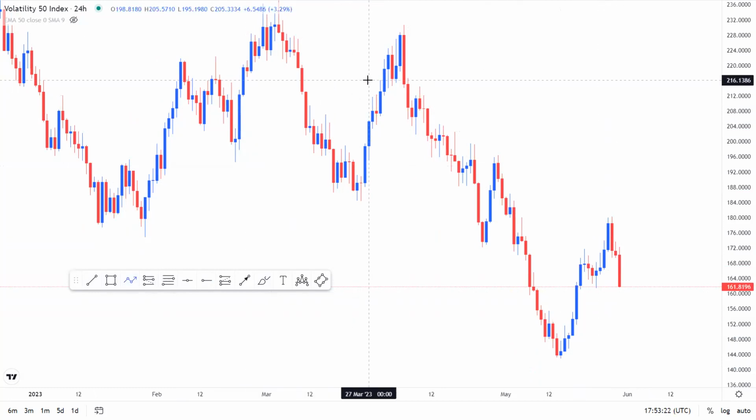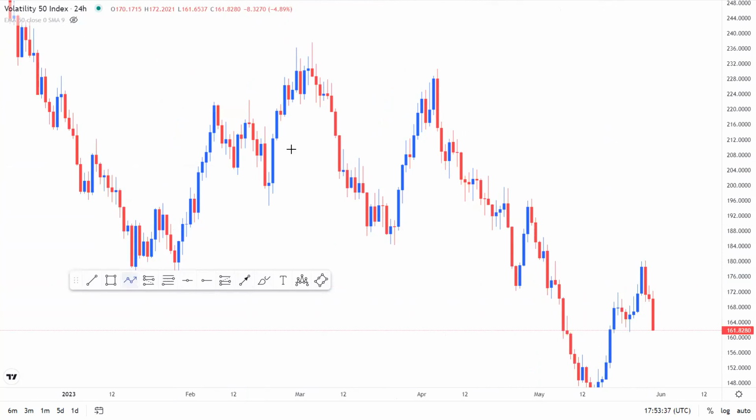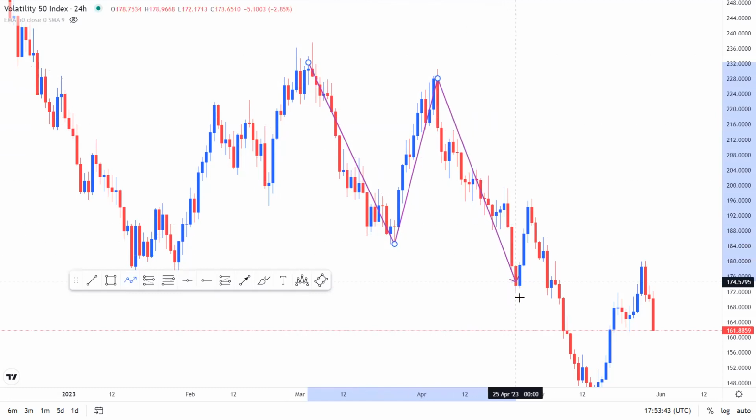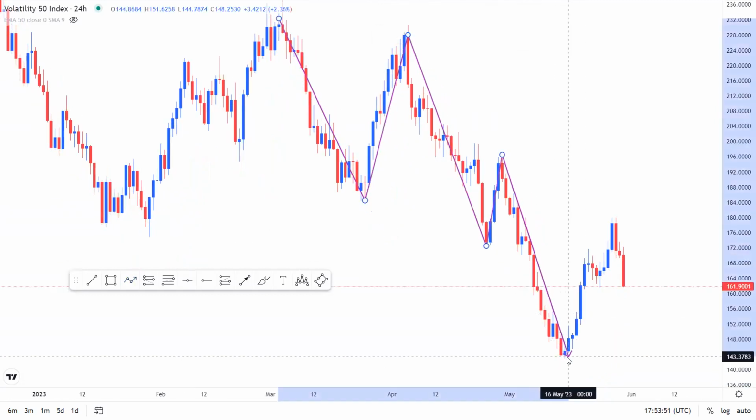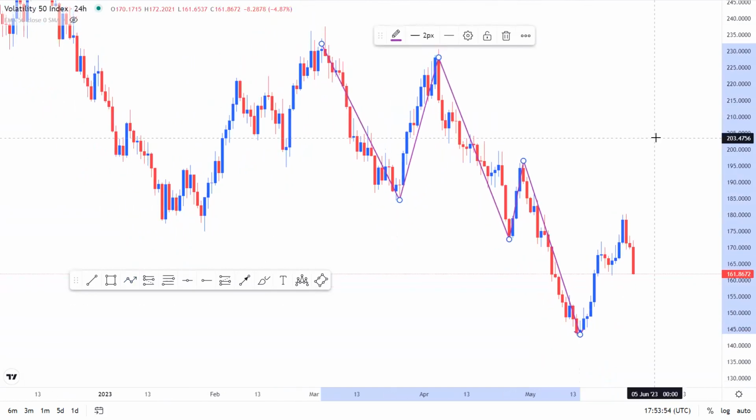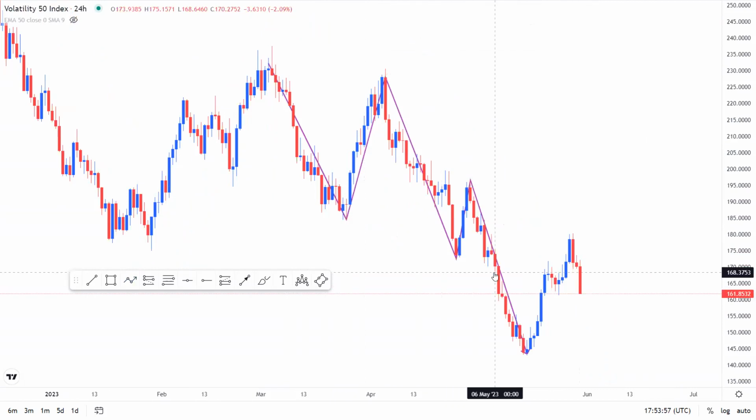Here you can see the market printing a series of lower lows and lower highs: lower low, lower high, and then this being the most recent lower low. So the flow of the market is to the downside. The market is very clearly in a bearish market structure.